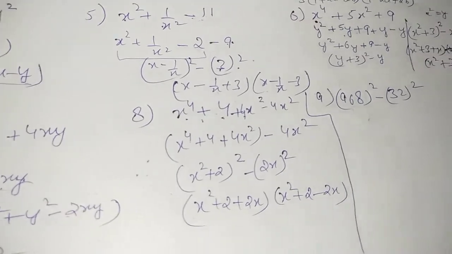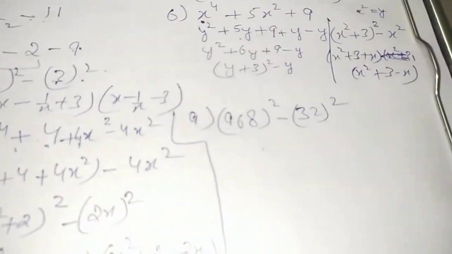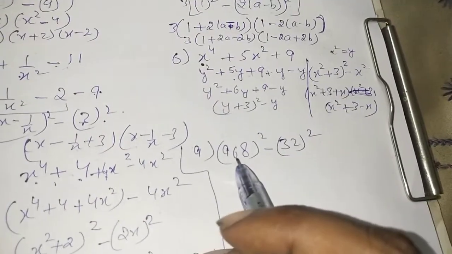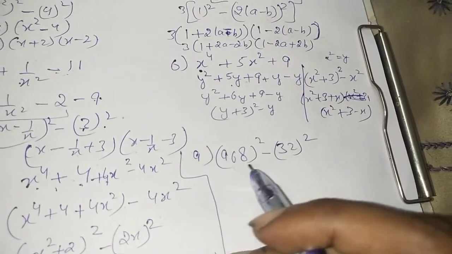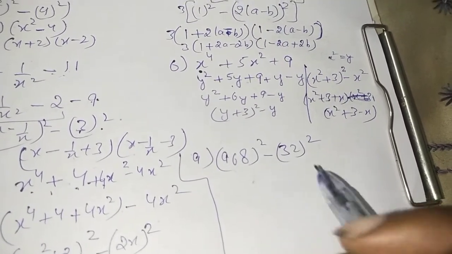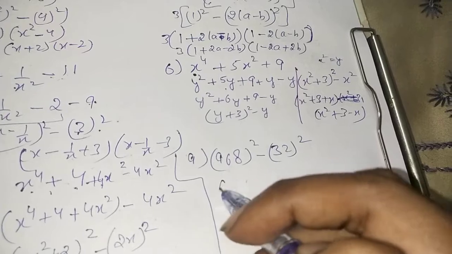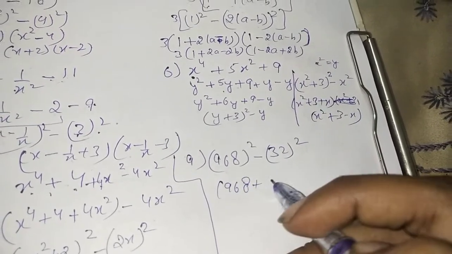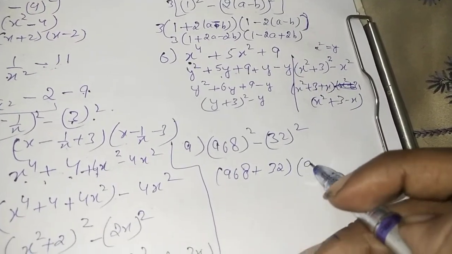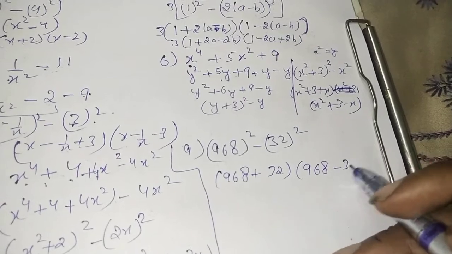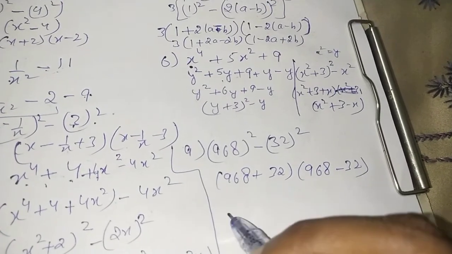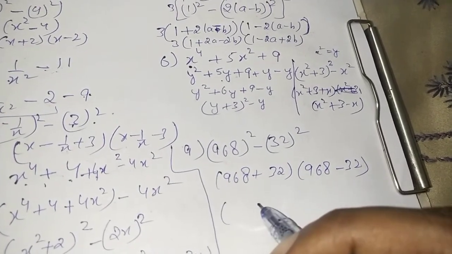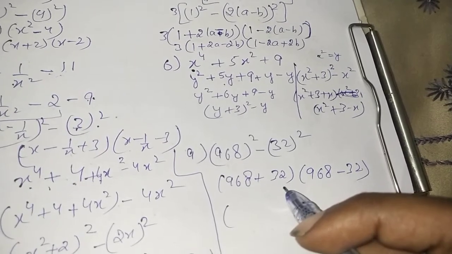Now this is one of the applications widely used, that is, instead of calculating the whole square of this and then subtracting the whole square of this, we are already aware that a square minus b square is a plus b and a minus b. So in one bracket a plus b and in other bracket a minus b. So that means it will be equal to 968 plus 32.